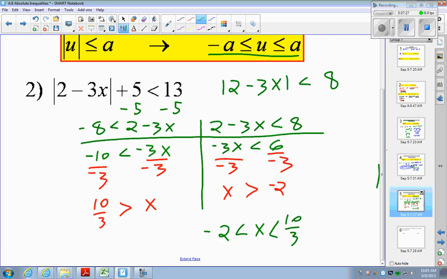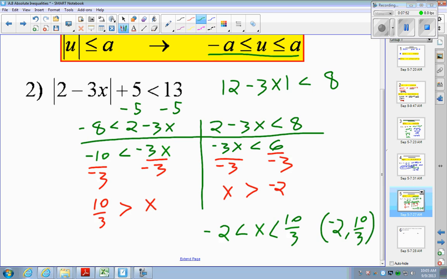Now something we haven't done yet in this video is write our solutions in interval notation. So let's go ahead and do this one. And here, these are open intervals, which are just less than or greater than. So we'll have open brackets, negative 2, comma, 10/3. And that would be our solution in interval notation.